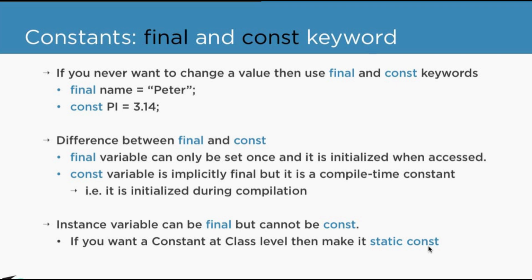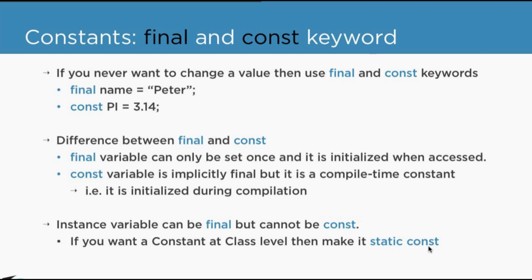And now about the constant. Now the constant variable is implicitly final, but it is a compile time constant. So by default, all the constant variables are also final. But the difference arises here.